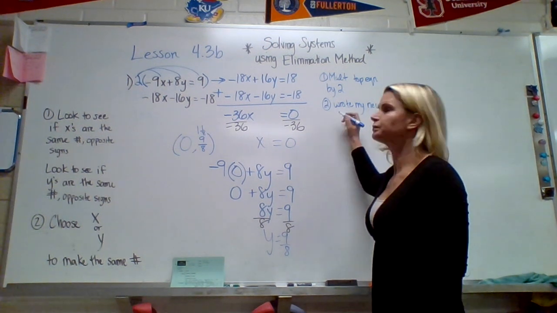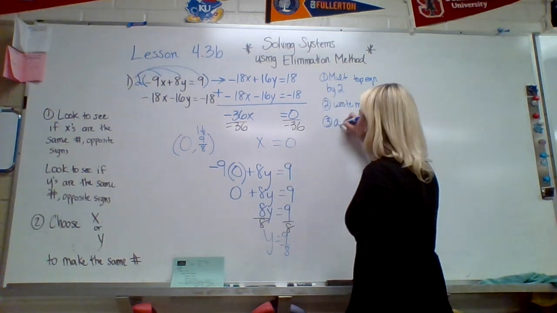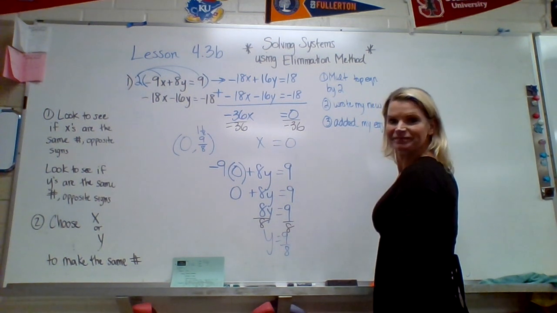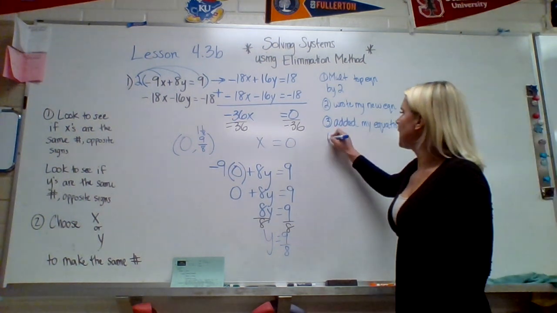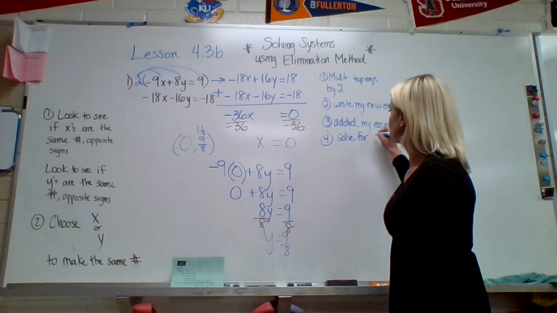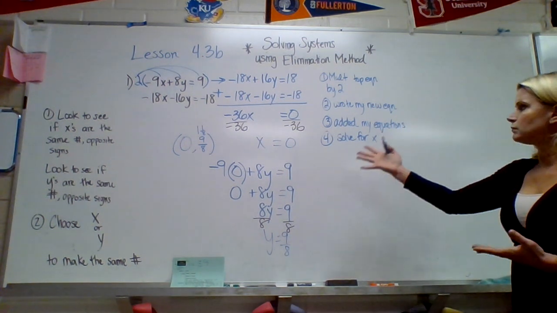That was step 2. The third thing that I did was that I added my equations, right? I was then able to solve for x, right? Then I did what?